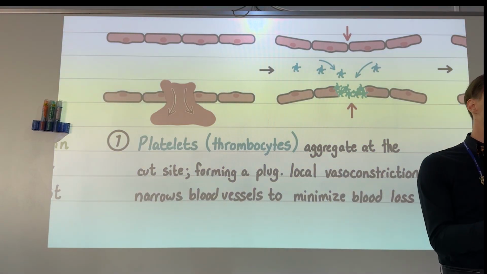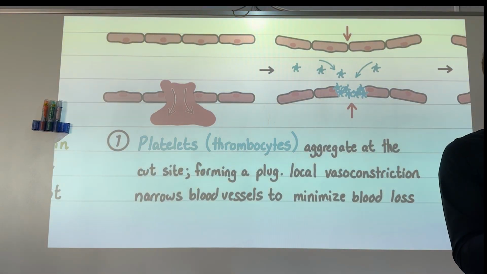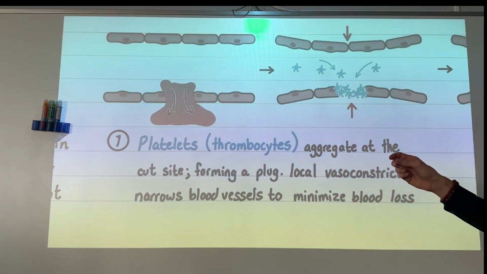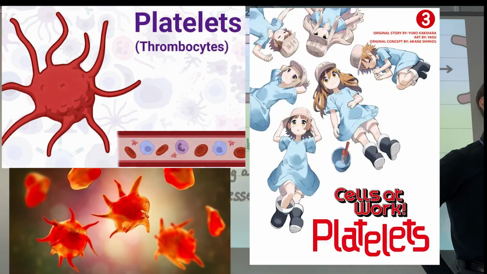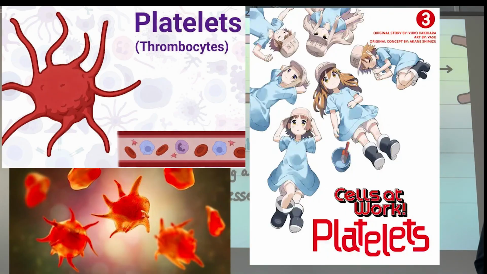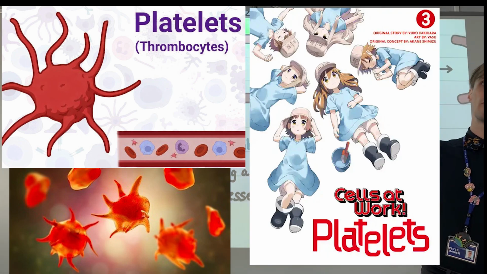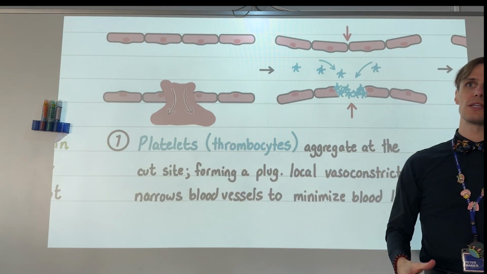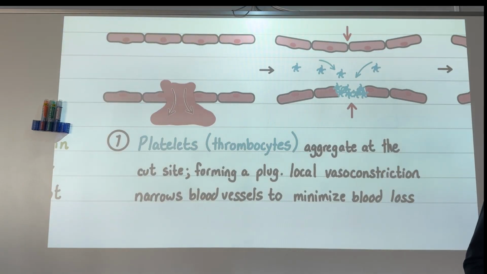The first responders here are going to be these little cell fragments. They're not full cells themselves, but they're called platelets. Their true name is a thrombocyte. And again, cyte for cell, and thrombo because thrombosis is literally the nature of clotting something.